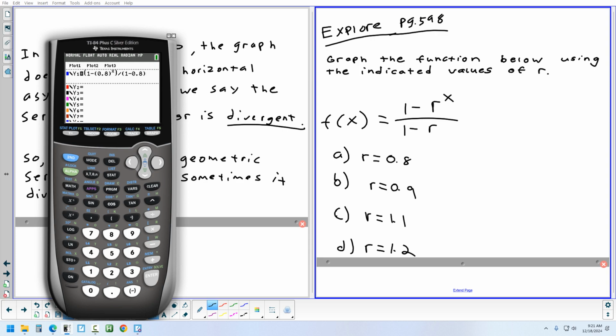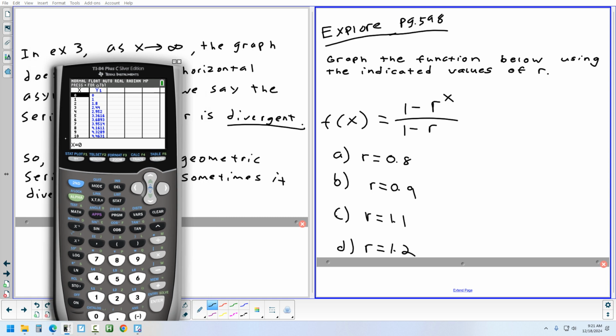Okay, let's look at the table. And the table is going to tell us what's going on. Okay.